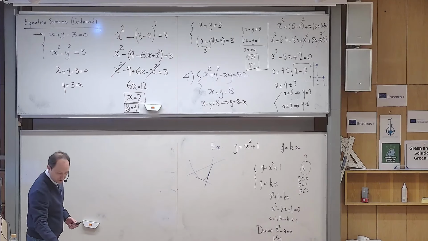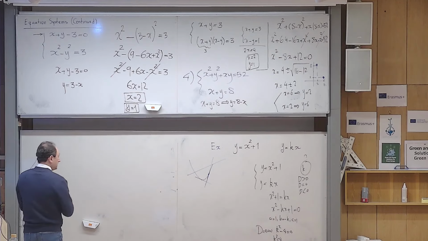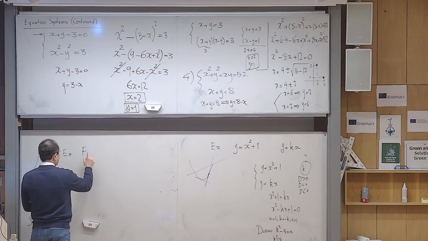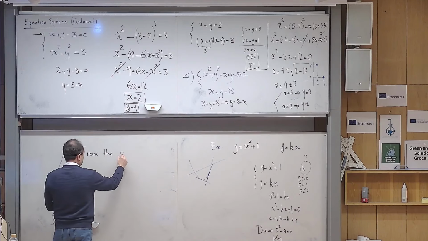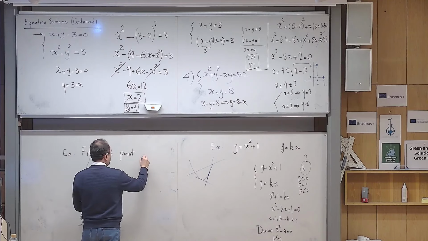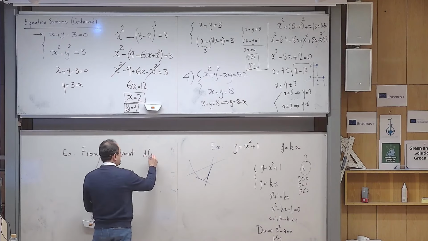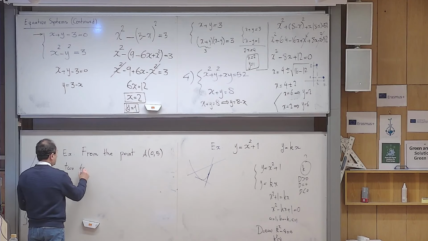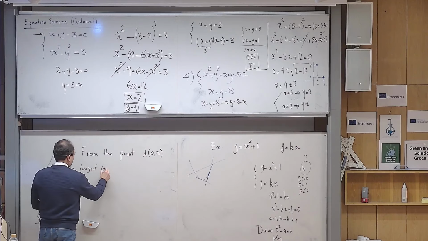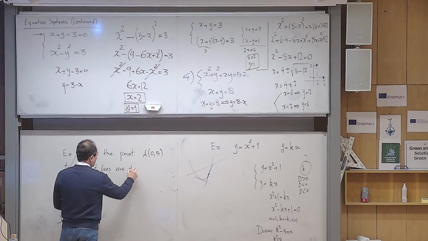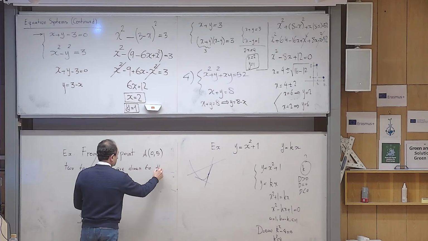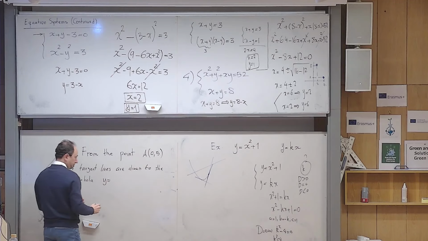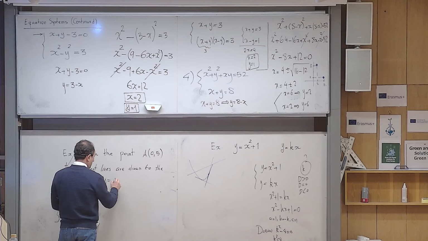Example: from the point A with coordinates 0 and 5, two tangent lines are drawn to the parabola y equals 1 minus x squared.